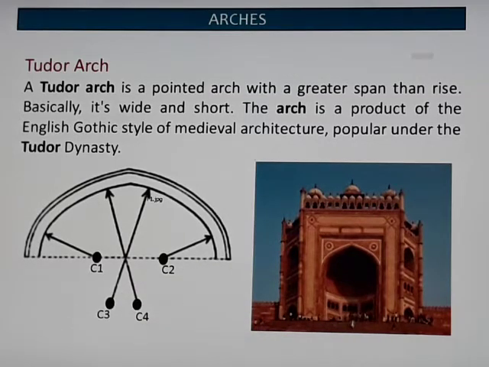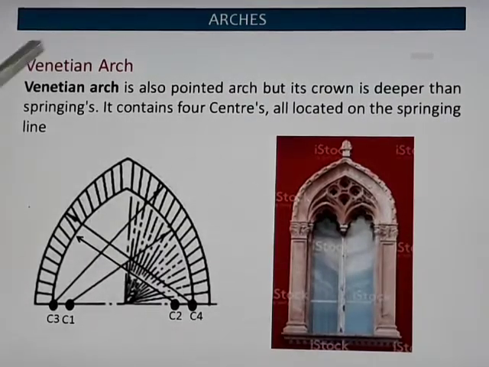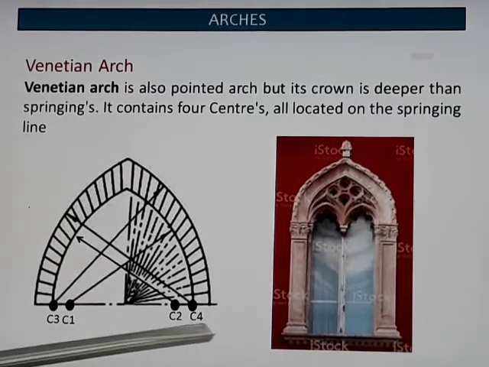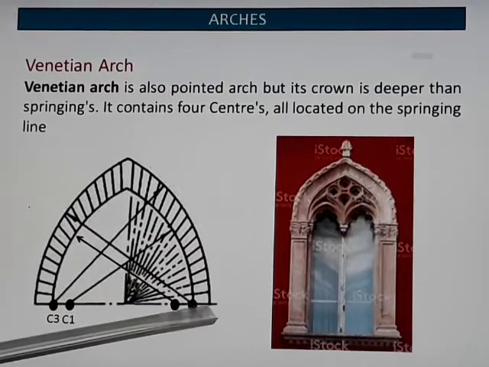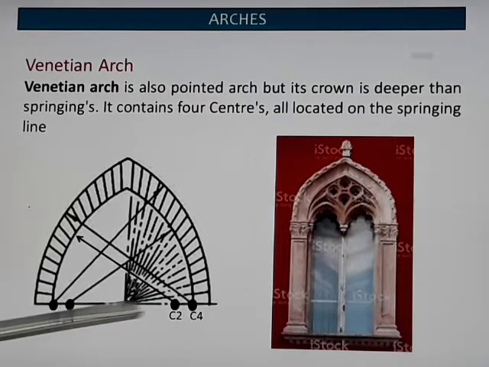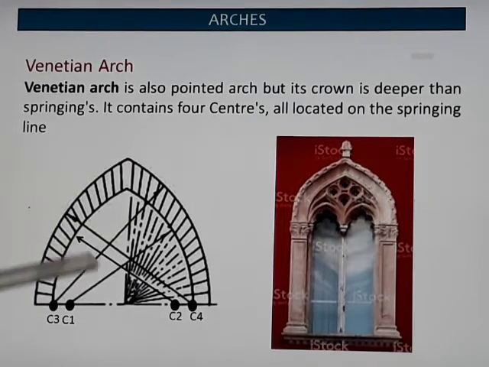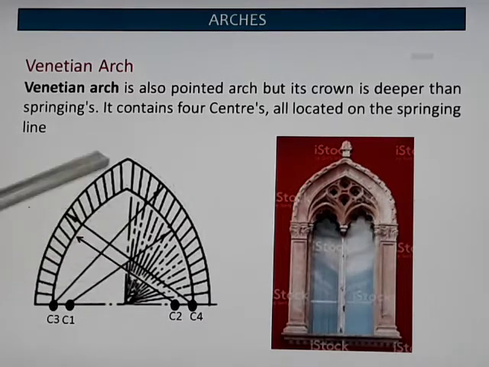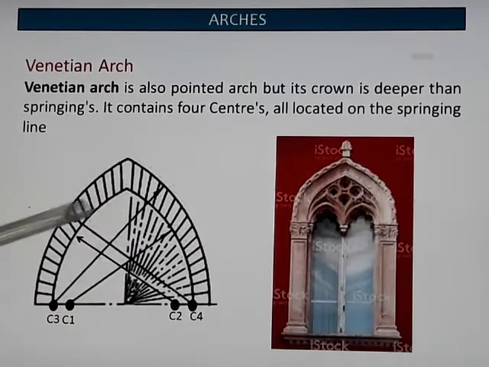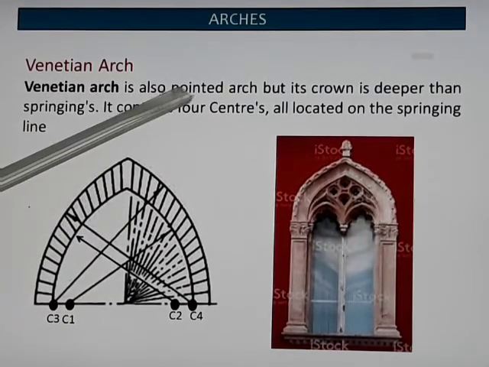Moving on, the second variation is the Venetian arch. Since it's a four-centered arch, it is constructed out of four centers. But here all four centers are on the springing line itself, not above or below. The Venetian arch is a pointed arch.